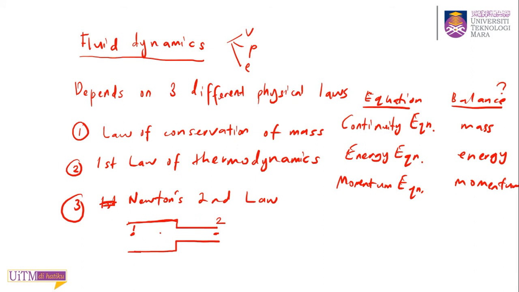That means the mass at point 1 will be equal to the mass at point 2, and the energy at point 1 will be equal to the energy at point 2, and the momentum at point 1 will be equal to the momentum at point 2.